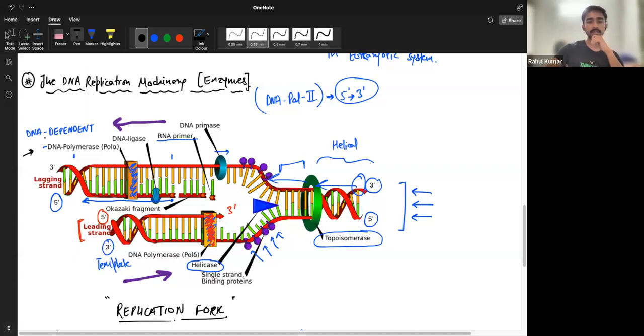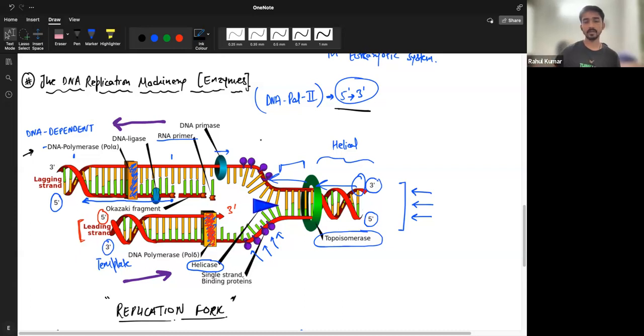I told you about DNA polymerase that it has a directionality in which it works. So DNA dependent DNA polymerase works in 5' to 3' direction, right? Which means it can polymerize a DNA in 5' to 3'. Is that clear, everyone? Yes, sir.